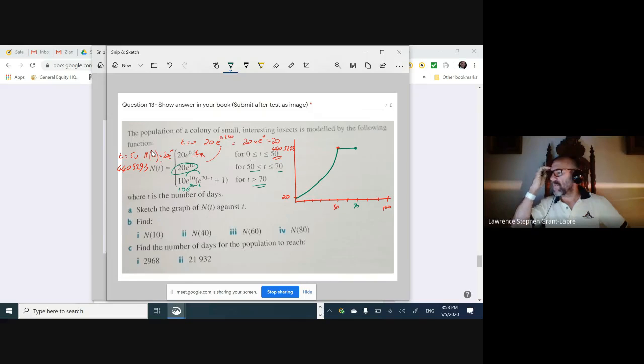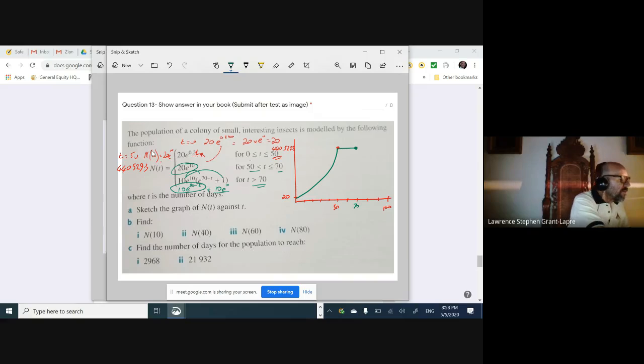So at 70, that's going to be 10 e to the 10 plus 10 e to the 10. So it's going to start here at 20 e to the 10, and it's going to go down to 0. Now, 10 e to the power of 10 is half of this.